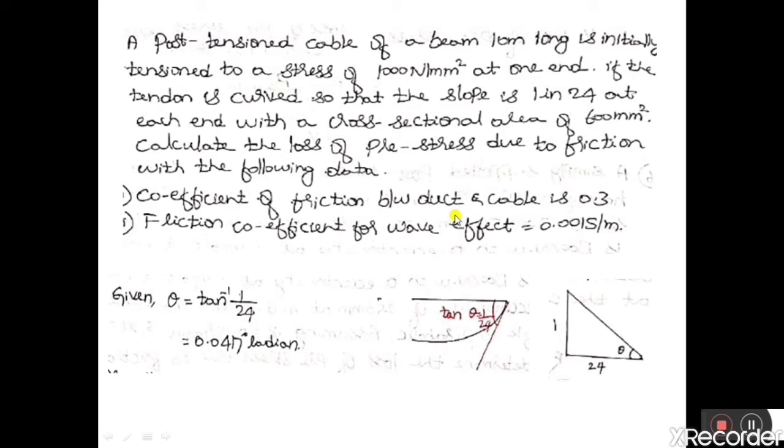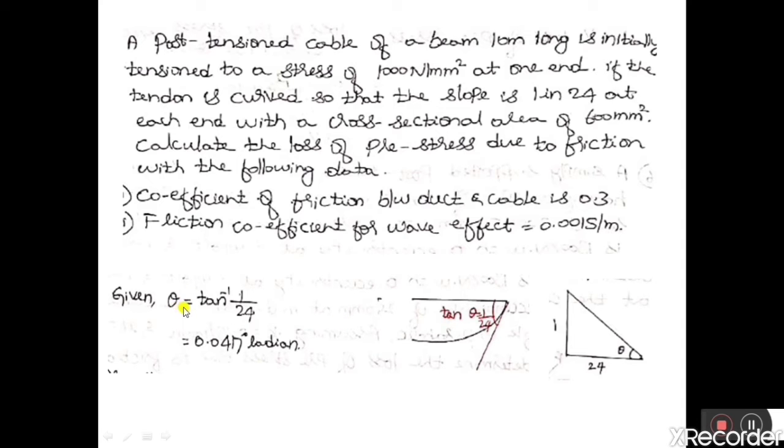It is also given that the slope of the cable is 1 in 24. So theta is equal to 1 by 24, therefore tan theta is equal to 1 by 24 is the slope.